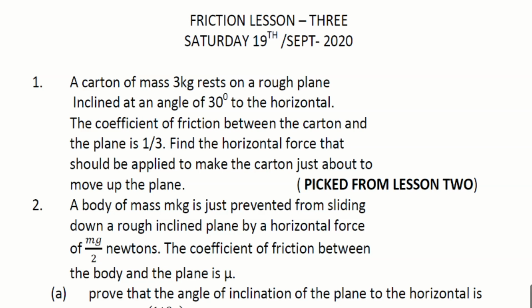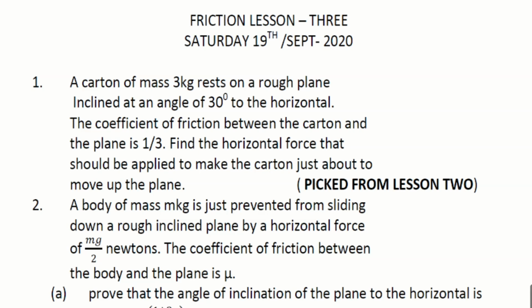If we let this be our mass, it means it exerts a weight of 3g in newtons. It is inclined at 30 degrees to the horizontal, and they are telling us that the coefficient of friction between the carton and the plane is a third. They are giving us the value of mu as 1/3.